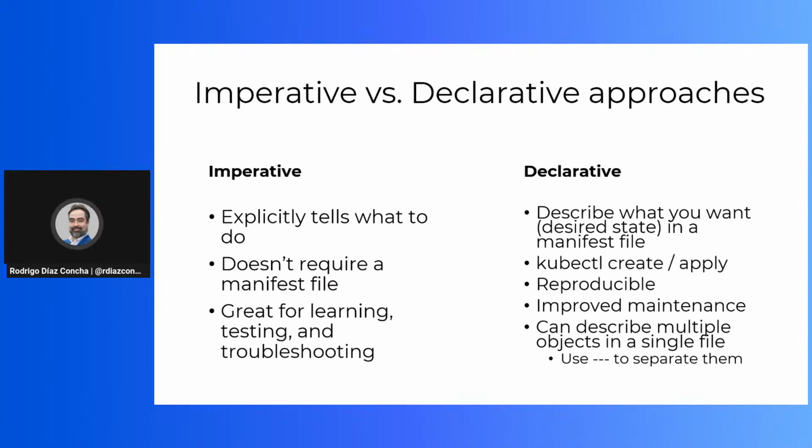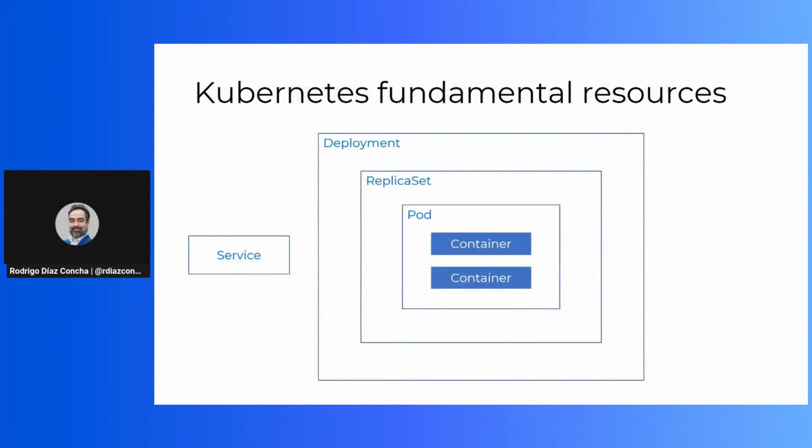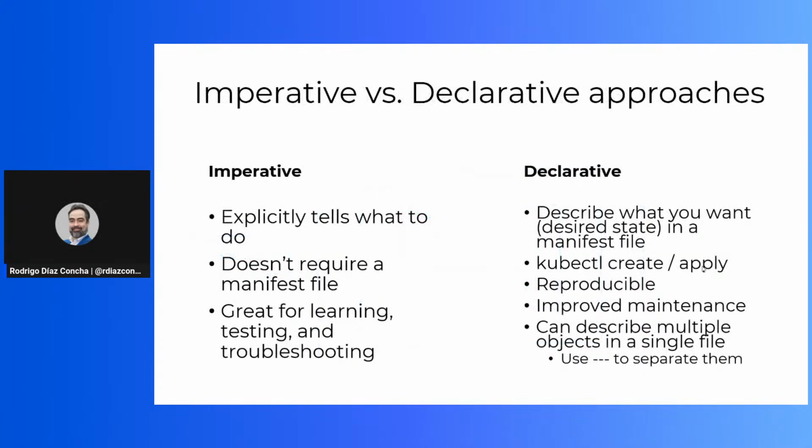However, before I define or describe those design patterns that are somewhere here in my presentation, such as the sidecar pattern, before I do that, let me explain and remember that we have two different approaches for managing and creating your objects in your cluster, okay? The first one is the imperative way.